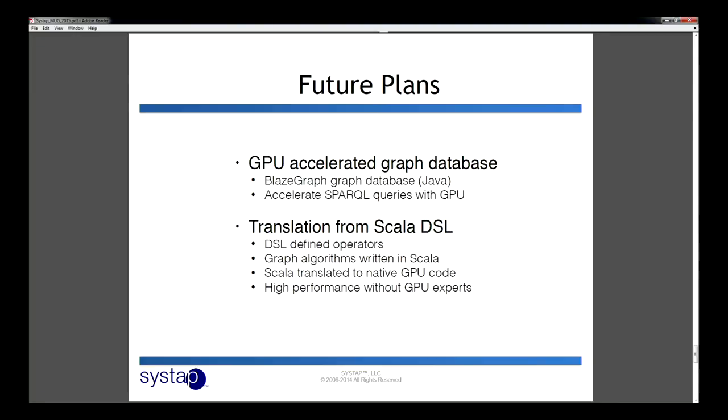And what we think we'll be able to provide is this high performance from GPUs without needing to be a GPU expert programmer.